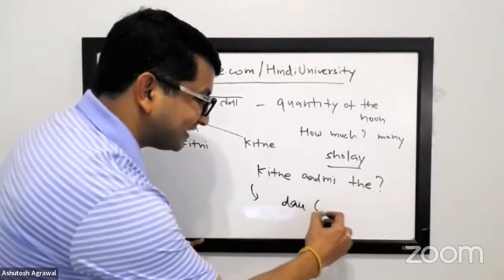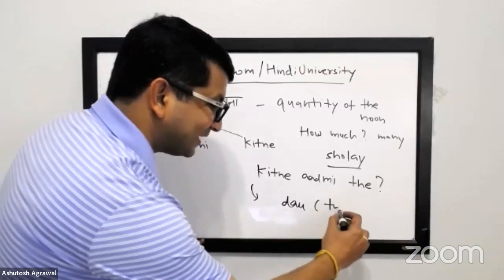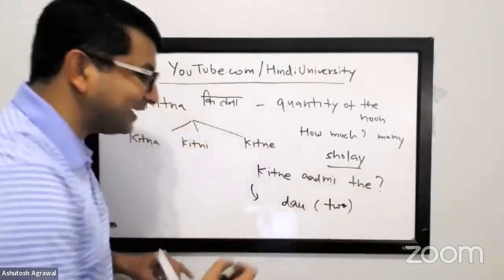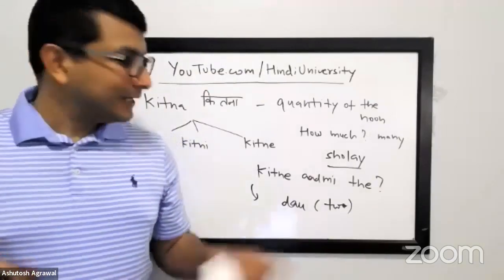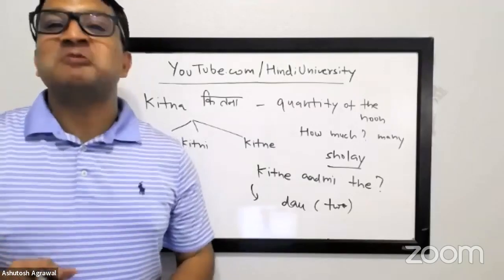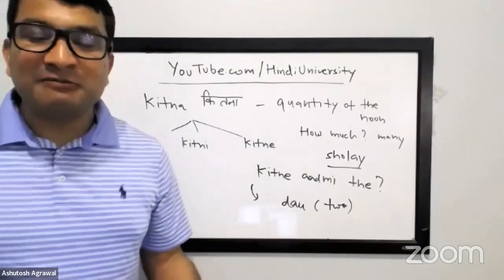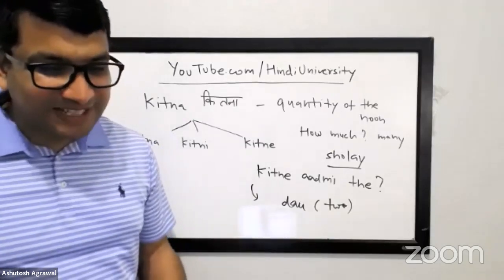What is do? Two, very good. And then the villain asks the subordinate again, and how many were you? Like, there were two, and what about you guys? And he says we are many, but still we came empty-handed. We couldn't capture the two people we were fighting with.